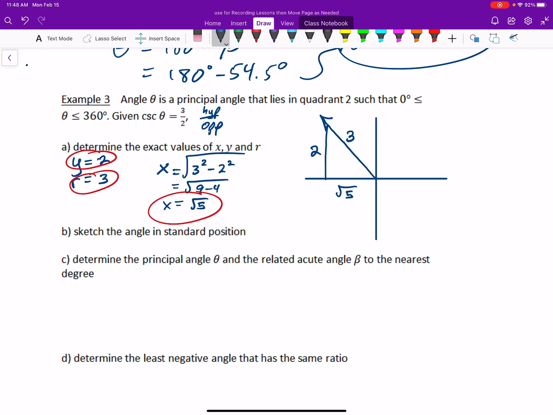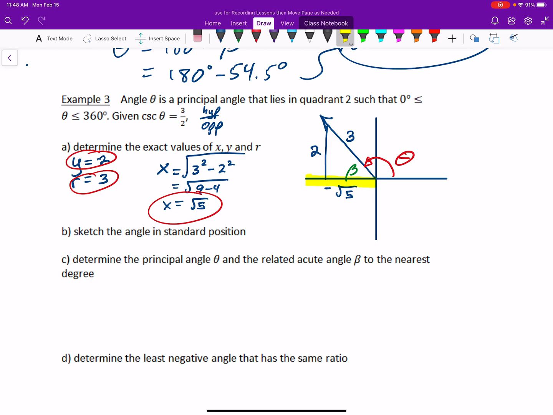Sketch the angle in standard position. Okay, well, the angle is this, called theta, so that's done. Determine the principal angle theta and the related acute angle to the nearest degree. So again, we always start with the related acute angle. By the way, as I look at this, I realize there's something I left out. It's not just root 5, it's negative root 5 because it's on the negative x-axis.